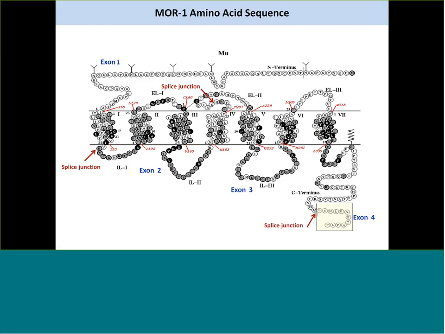Exon 2 takes the next 3 transmembrane domains. Exon 3, the last 3. And as you can see down in the lower corner here, exon 4 encodes only 12 amino acids of the whole sequence of the receptor. And indeed, even within the C-terminus, these are a very small fraction of the sequence that is actually in that terminus. And yet, what I'll show you later is that substitutions at this position can greatly impact the function.